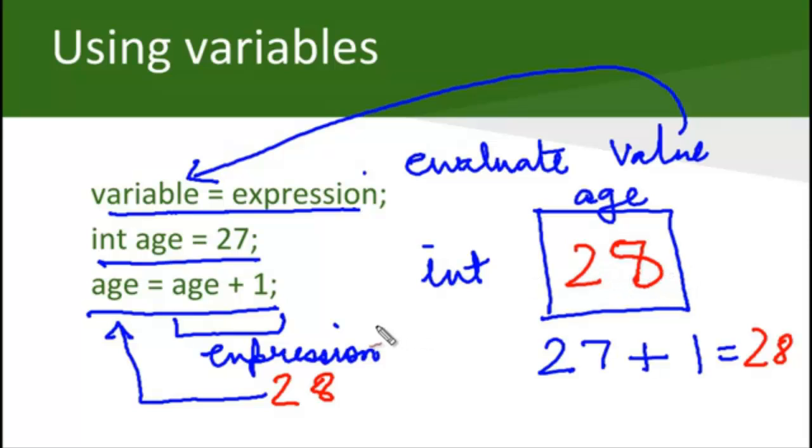So what exactly happened, we'll again look at it, that right hand side expression was evaluated and the value of it was assigned to left hand side using the assignment operator. So this is the syntax of the same, that variable is equals to expression, the value of the expression will be assigned to the variable.